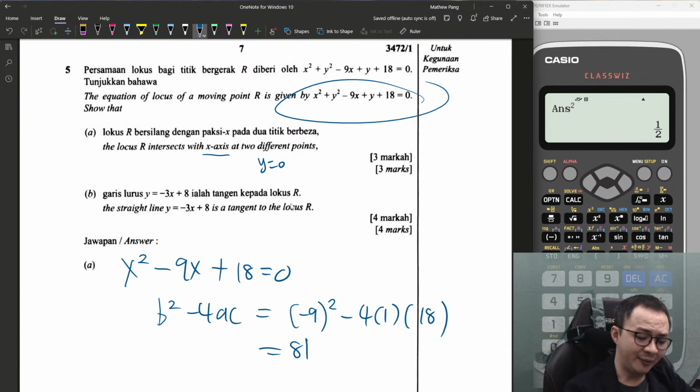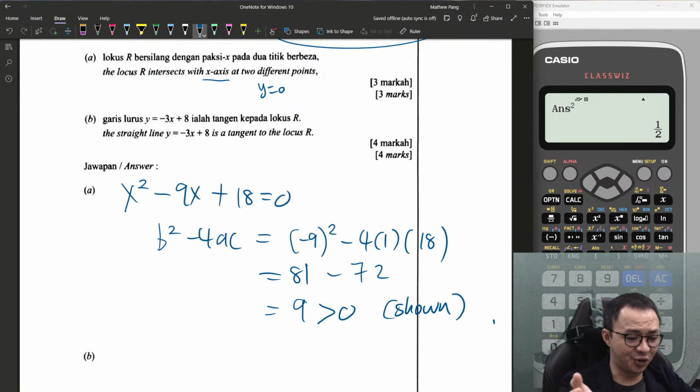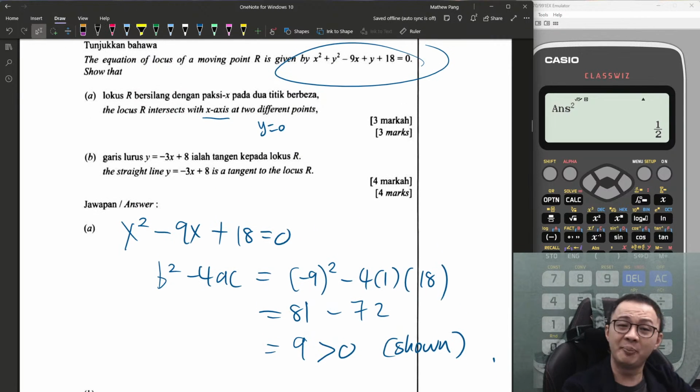So this is 81 minus 72, so we get 9, which is bigger than 0. Then shown. Because they ask us to show it intersects at 2 different points, when b squared minus 4ac is bigger than 0, we are confident it intersects at 2 points.